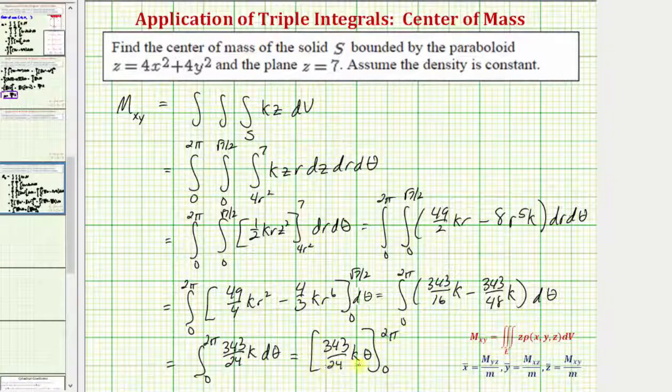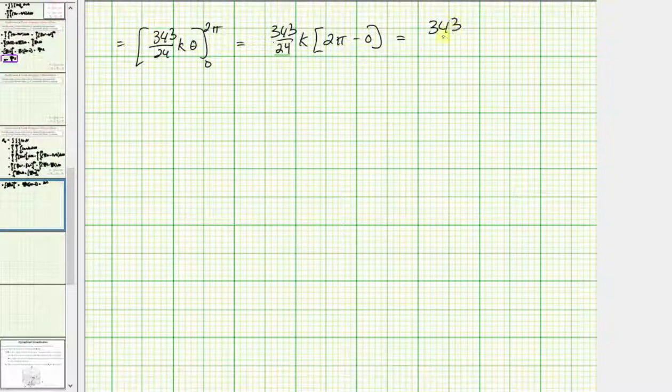And now we need to find big F of B minus big F of A. So performing substitution for theta, which simplifies to 343 divided by 12 pi k. So now we know the moment about the xy plane.